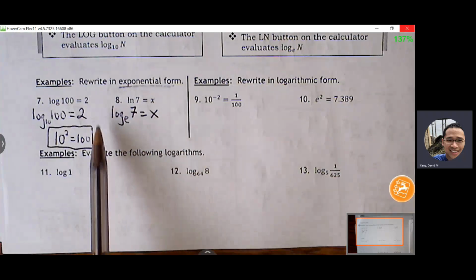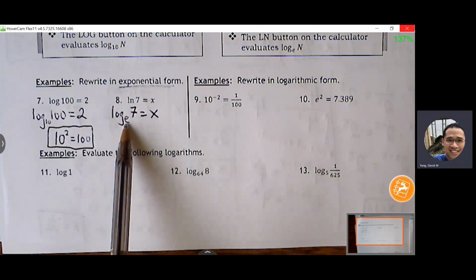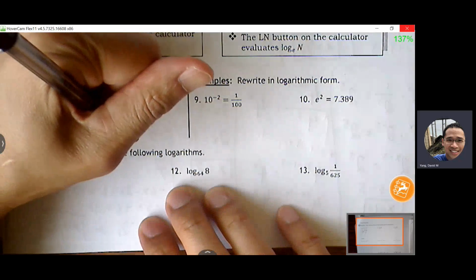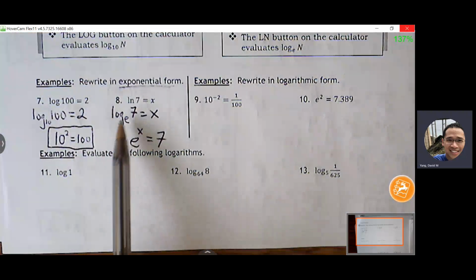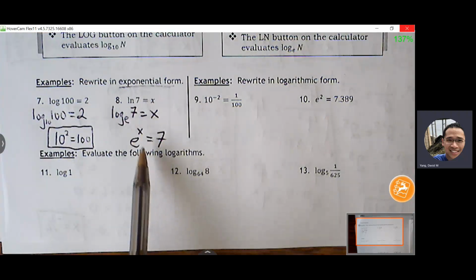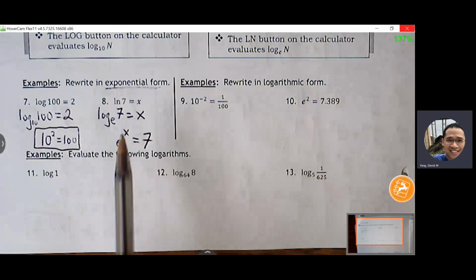So how would you write this in exponential form? Yeah, e raised to the x equals 7. So here, this is not something that is true. This is more of an equation, but right now we're just asked to write it into a different form. If we want to solve this, we can do that in a later section.